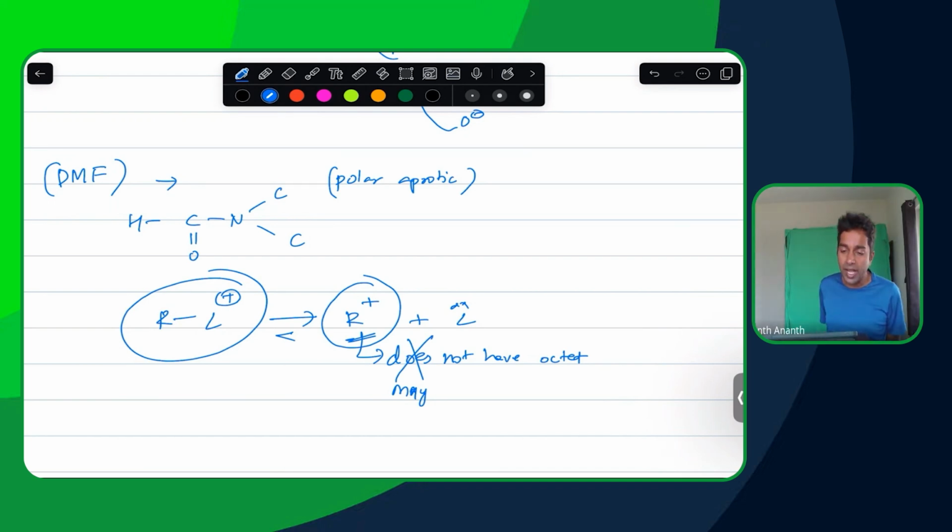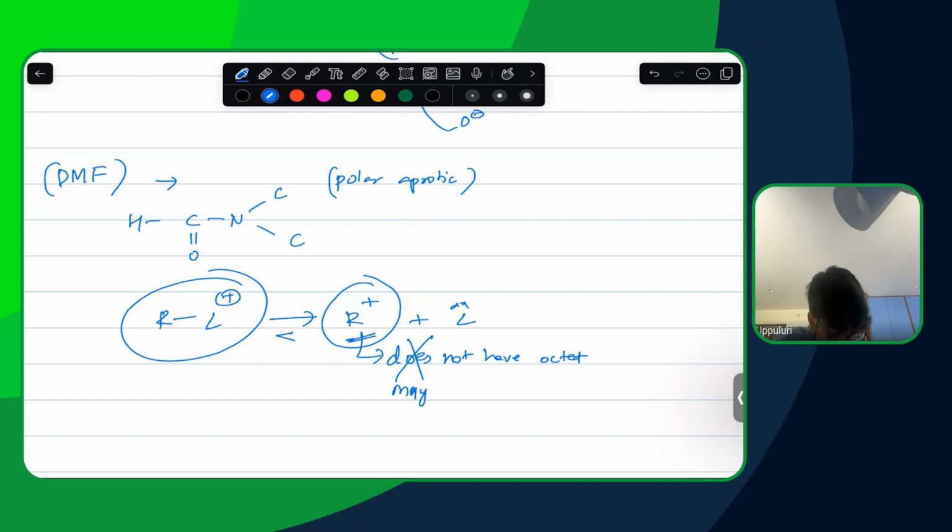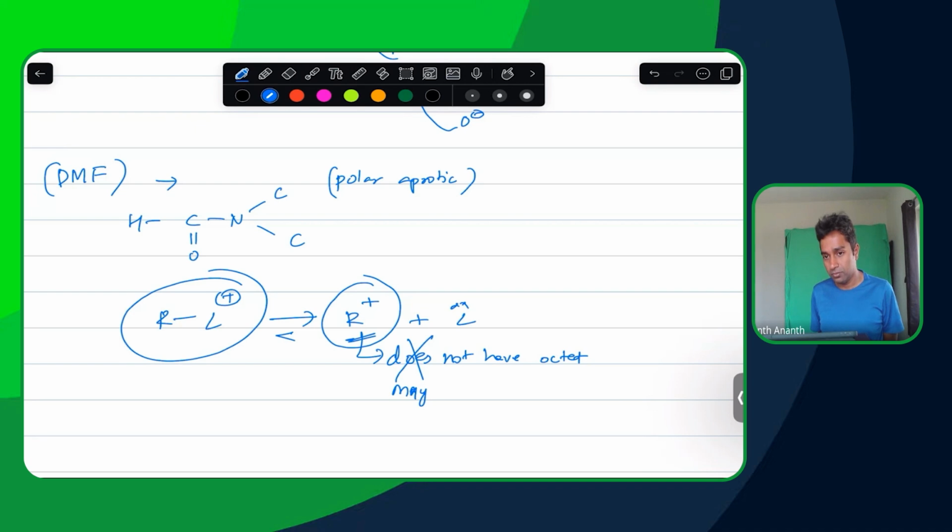If my RL plus has the L attached to an extremely heavy sterically hindered site, which hinders my solvation for the RL plus, but solvation is possible for R plus, in that case it might go forward.